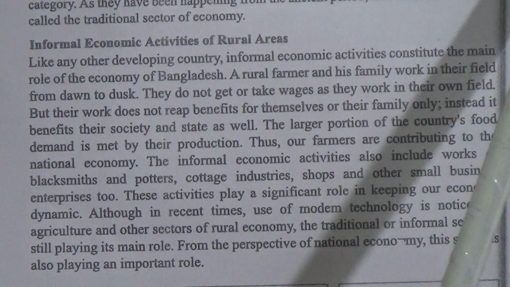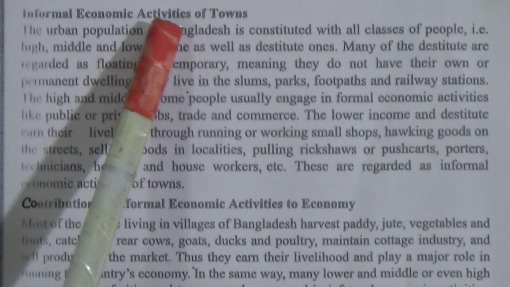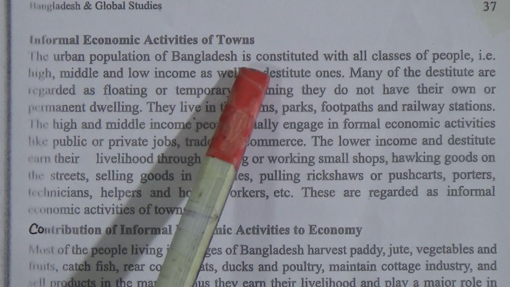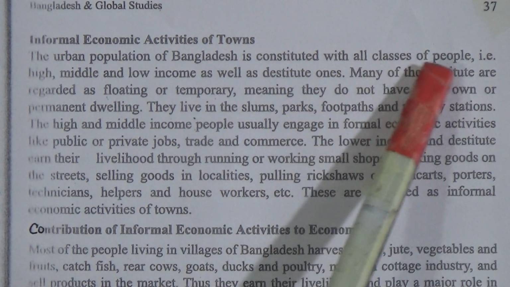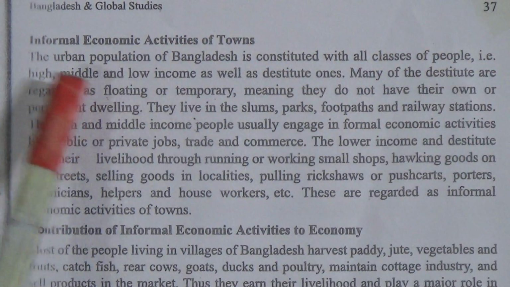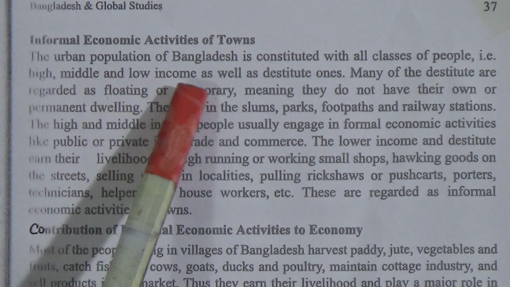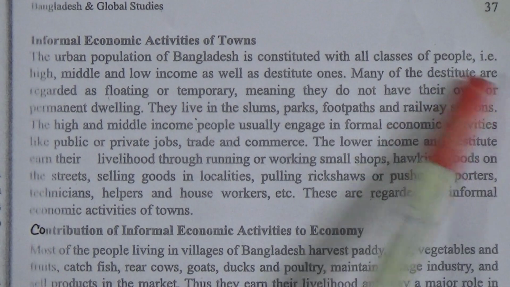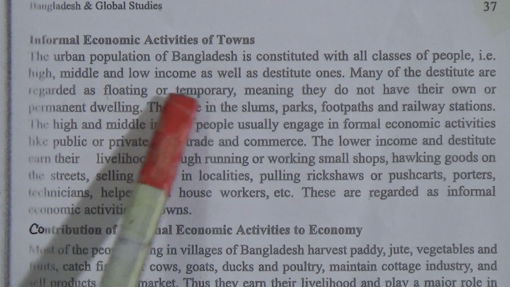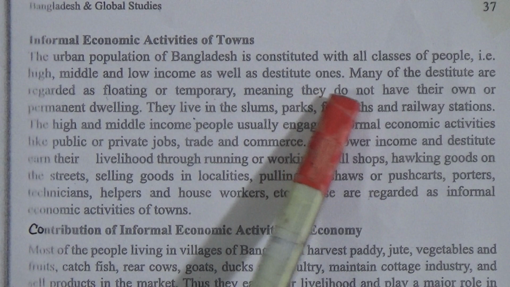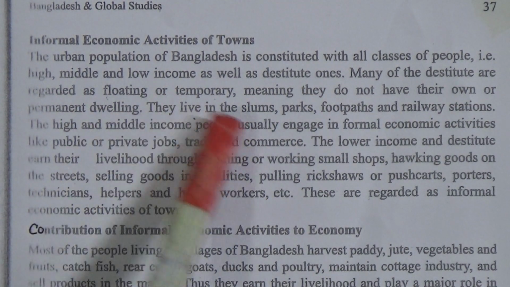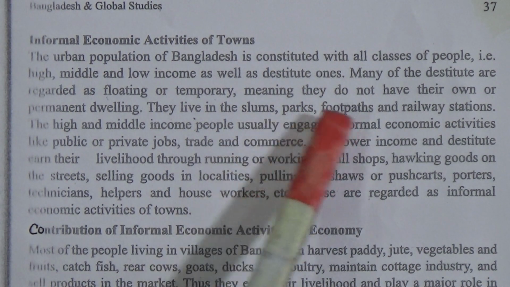Now we'll see the informal economic activities of towns. The urban population of Bangladesh is constituted with all classes of people. For example, high, middle and low income as well as destitute ones. Many of the destitute are regarded as floating or temporary, meaning they do not have their own or permanent dwelling. They live in the slums, parks, footpaths and railway stations.